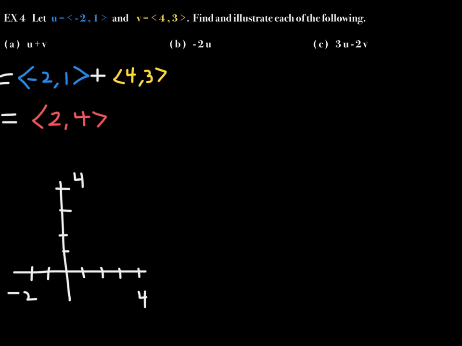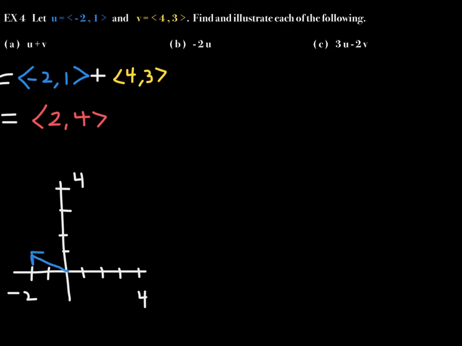All right, let's draw a picture to illustrate this. What I want to do is illustrate vector u first. Now remember, all of these are position vectors. So the initial point is at the origin, and the terminal point of your vector terminates at the ordered pair negative 2, comma 1. So therefore, vector u is something like this.